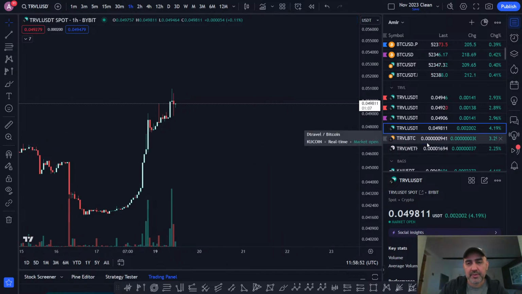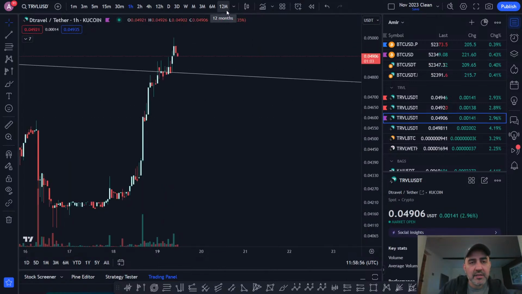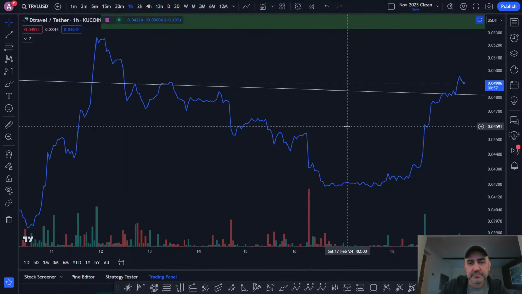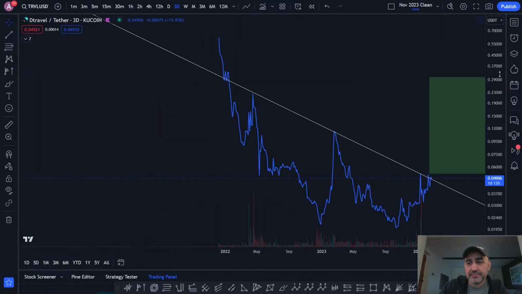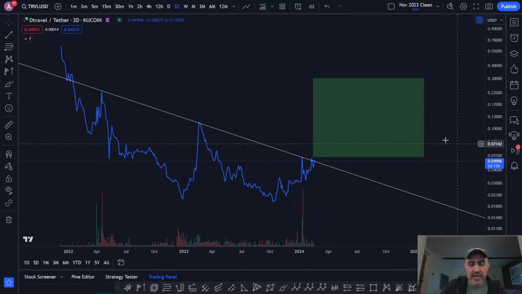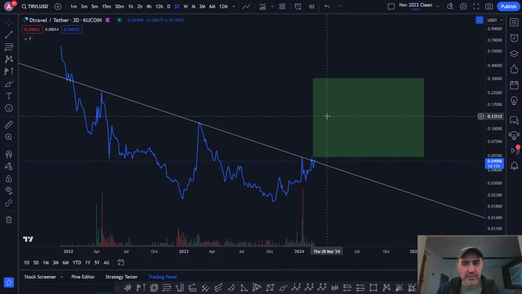The other thing I wanted to show you just quickly. If I go back to the line chart on the 3-day range on KuCoin, because that's why I was doing it, I was just thinking to myself, if we do break out, what would be the potential target of this?